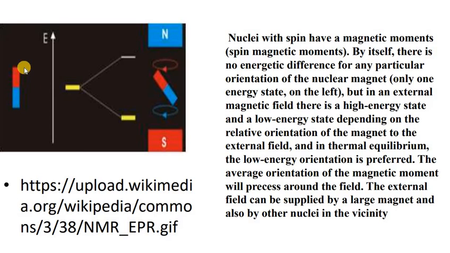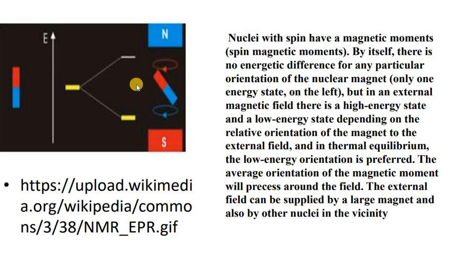When it is placed in a strong magnetic field like this, the nucleus with a magnetic moment spins. That is, it has a spin magnetic moment, and when it is present in the magnetic field, it has two energy states. This is a low energy state and this is a high energy state.